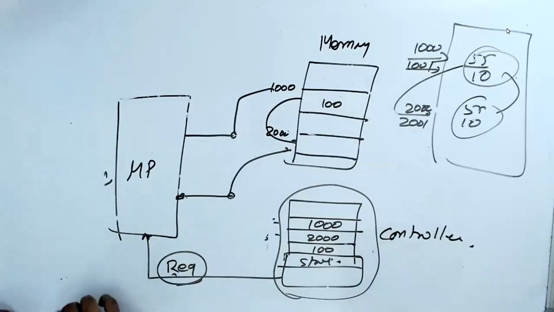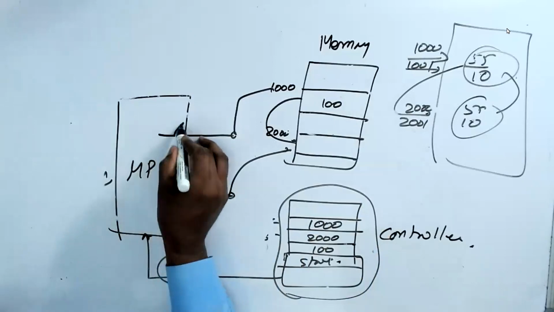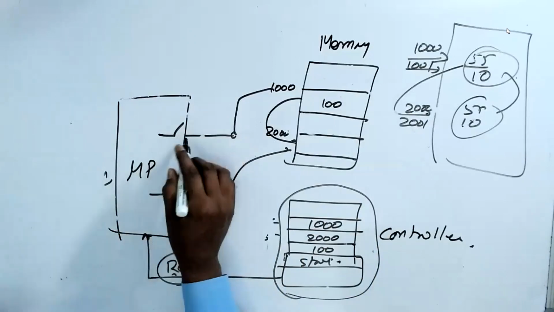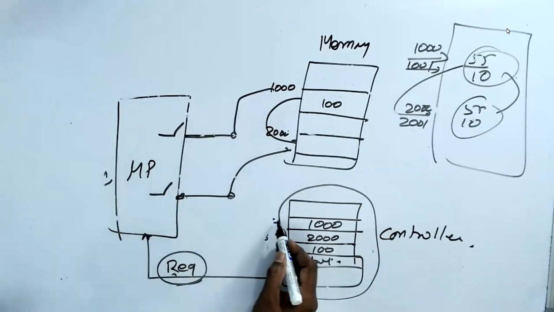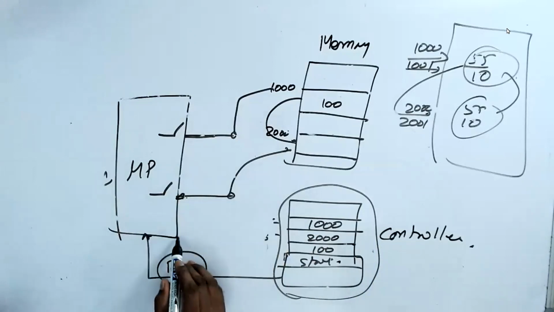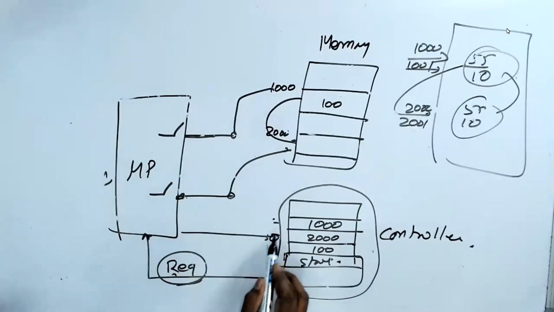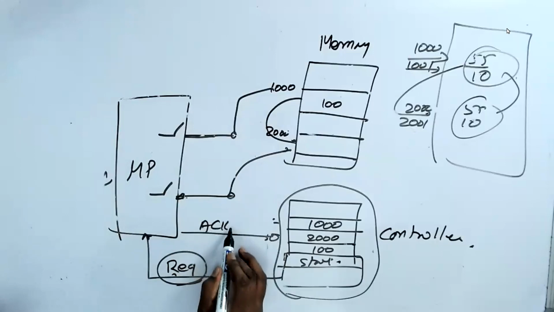Then the microprocessor will put the switch off internally. That means he will release the notebook and tell the controller acknowledgement: take it. He gives 5 volt. Yeah, you take the notebook.